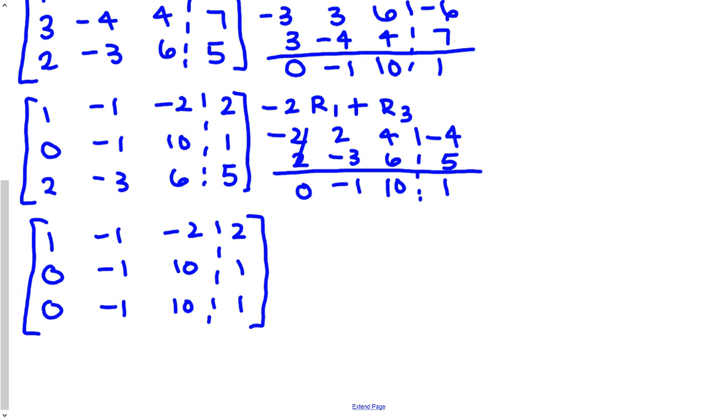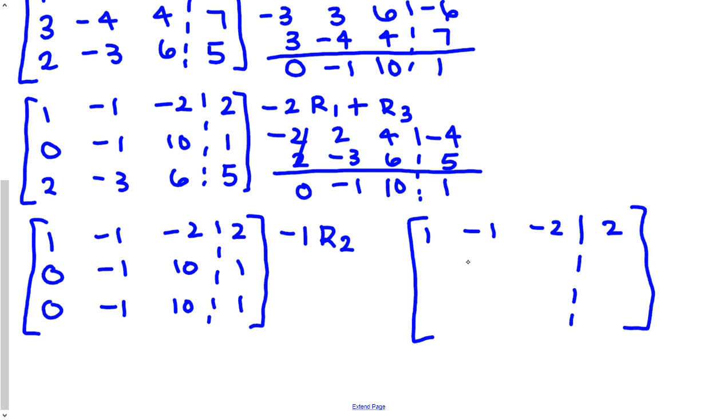Now I want to make this negative 1 right here a positive 1. So let's multiply row 2 by negative 1. Row 1 is not changing. Usually row 1 doesn't change after the first step unless we really made a mistake somewhere and have to fix it.